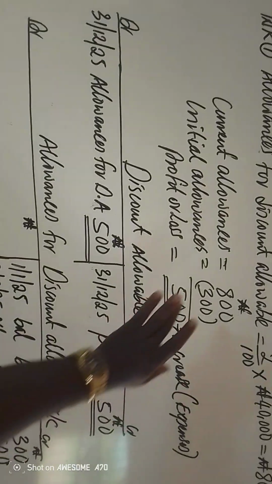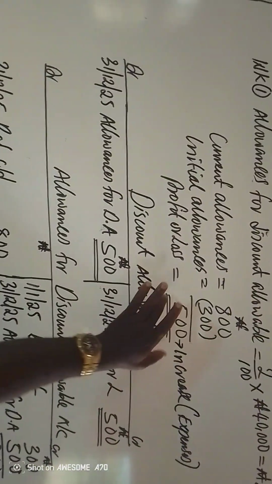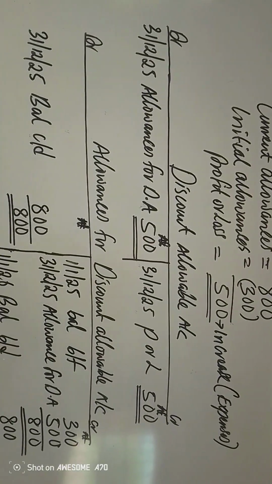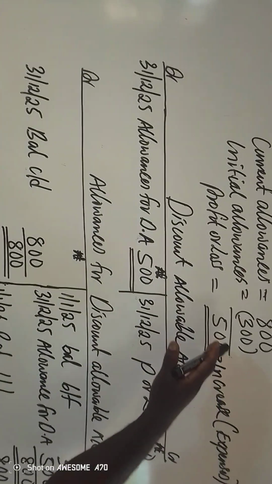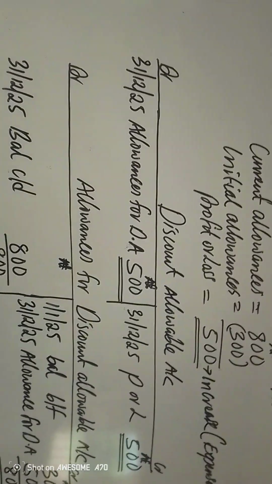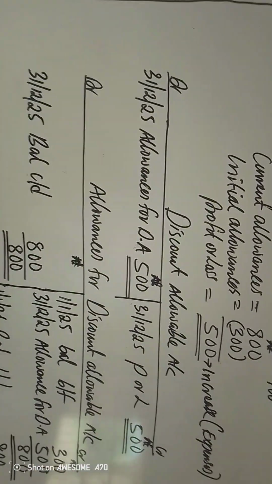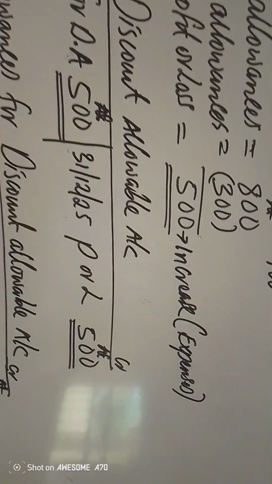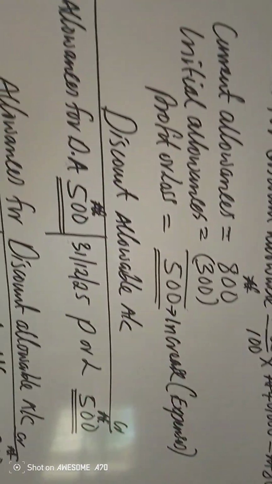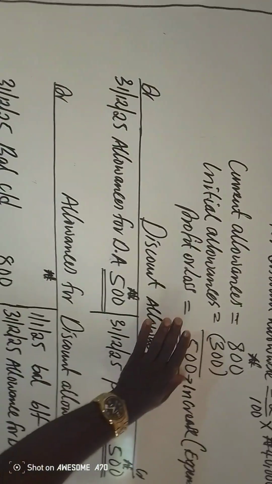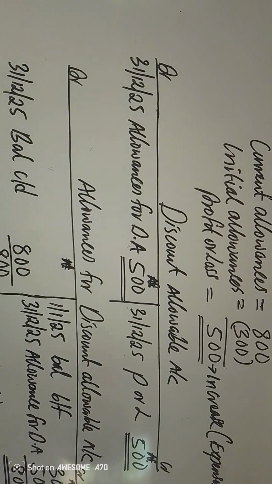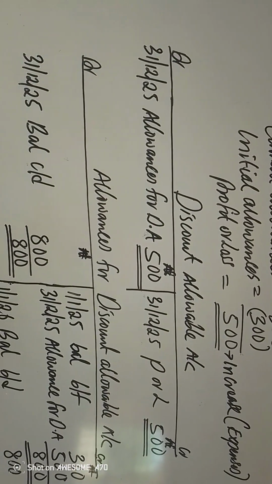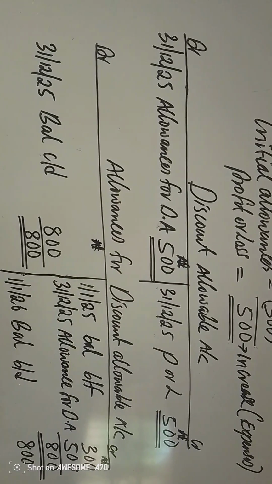Then by the time you deduct 300 from 800, you have 500. So 500 now becomes an increase because the initial one was 300 and has been increased to 800. Therefore, the expense we charge under the profit or loss account is 500. So 500 becomes the expense we incur. Mind you, this will be used under operating expenses as you solve your financial statement.